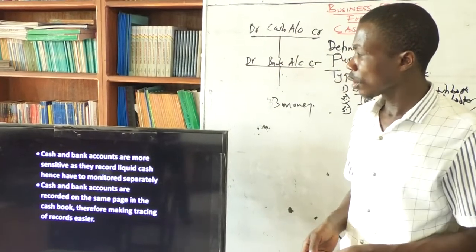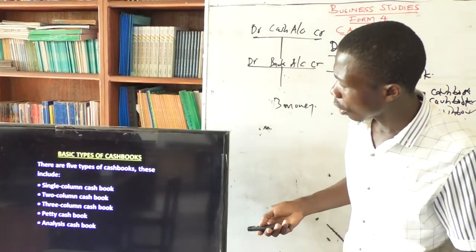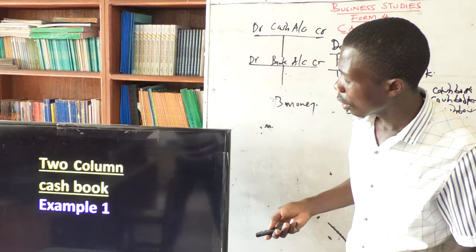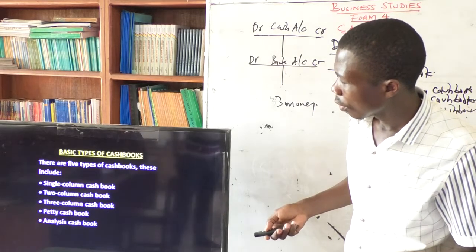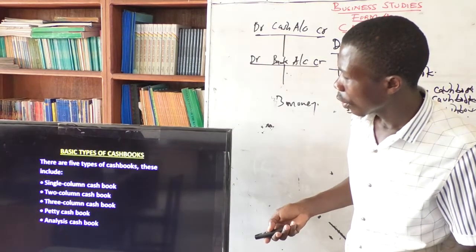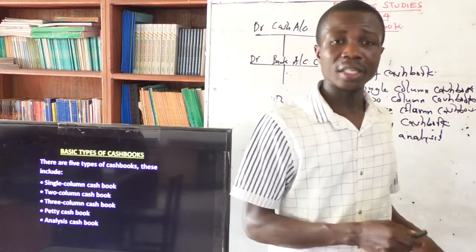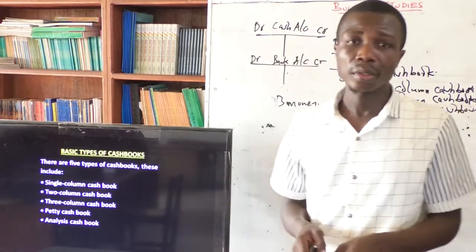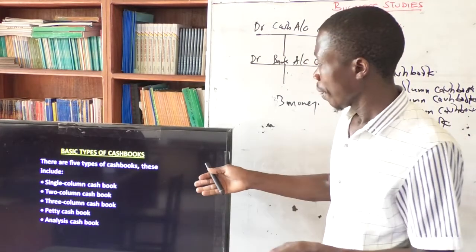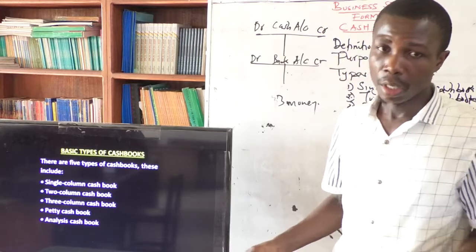Continuing with the purpose, the basic types of cash book are the single column cash book, which I think we have talked about.